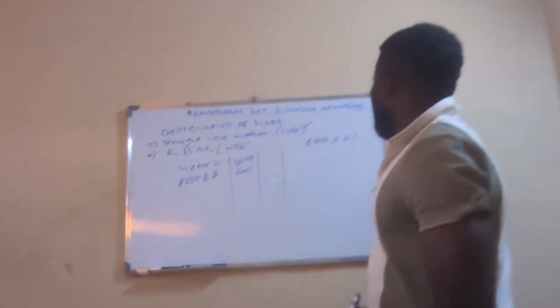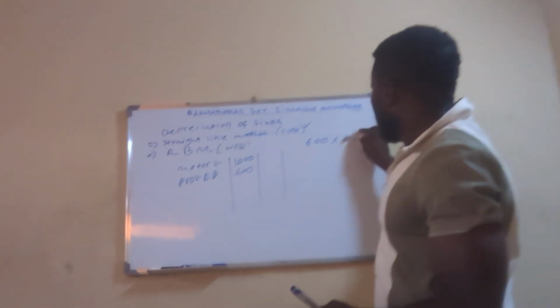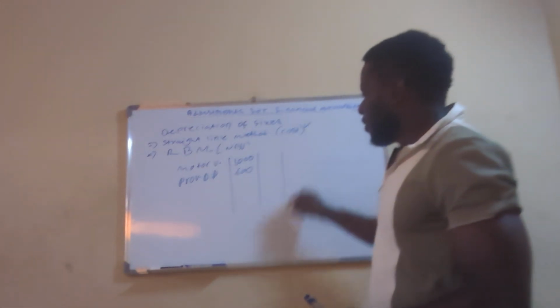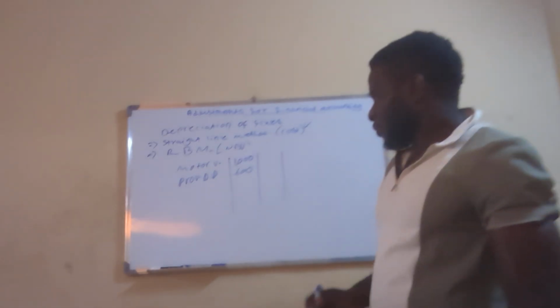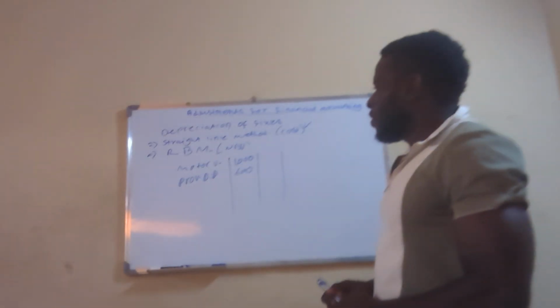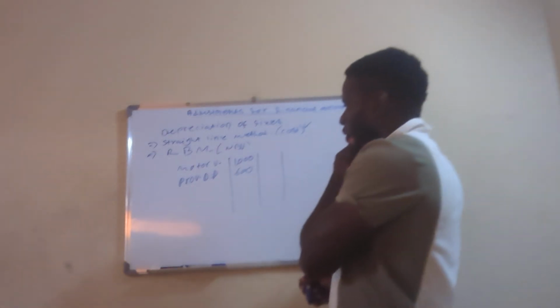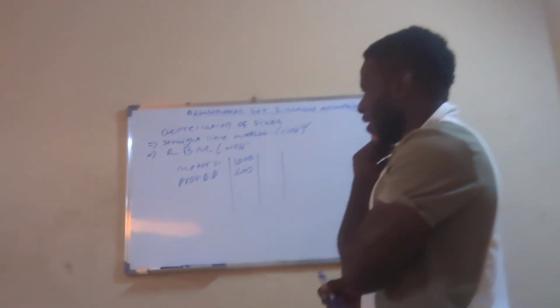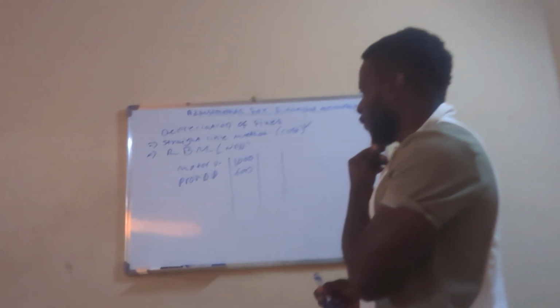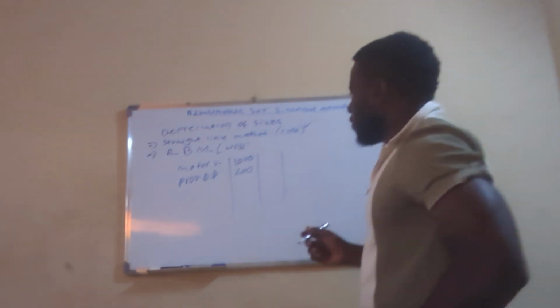Sorry, I forgot something. Under this is what we are going to do. We've been taught to calculate the depreciation using the reducing balance method. As I said, with the reducing balance method, we have to use the net book value. So what we are going to do is this.